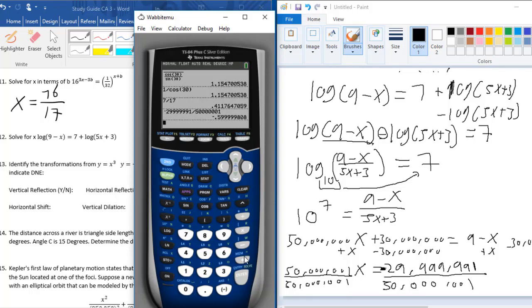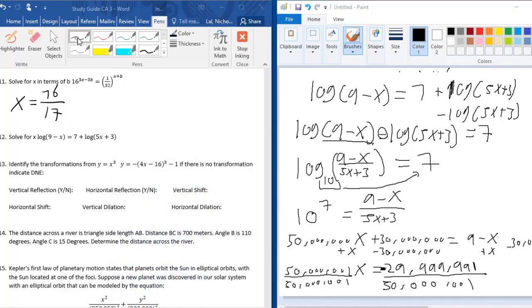So that's negative 0.599999, so negative 0.6. So negative 0.59999999. You can approximate that as negative 0.6. So this is approximately equal to negative 0.6.